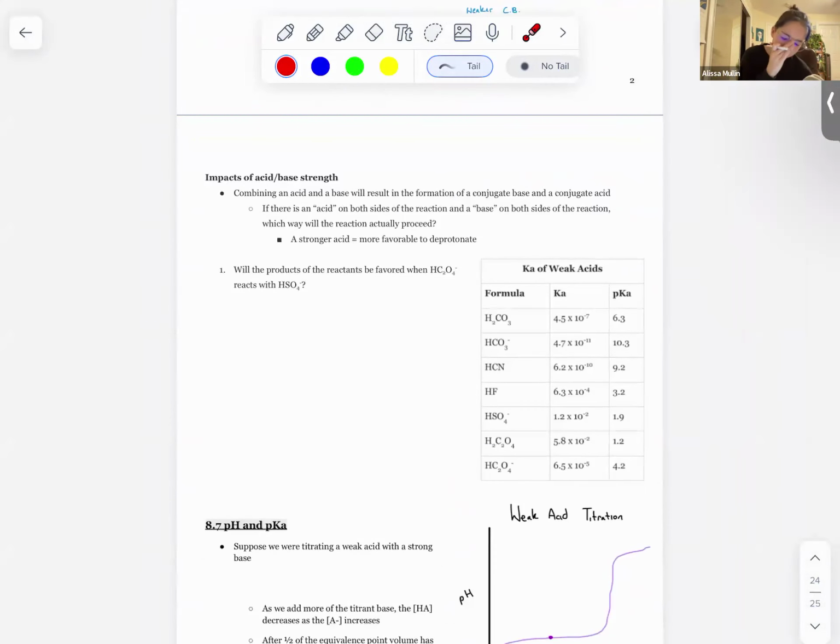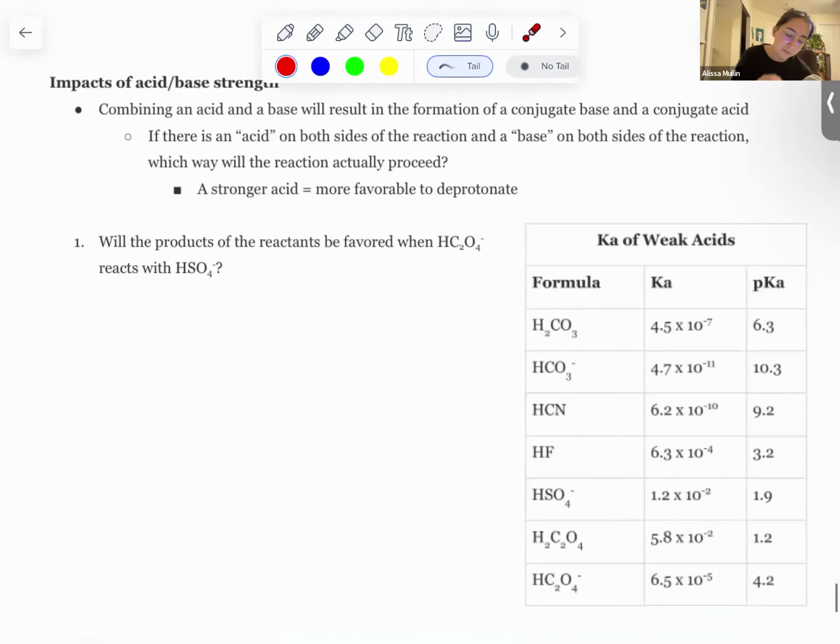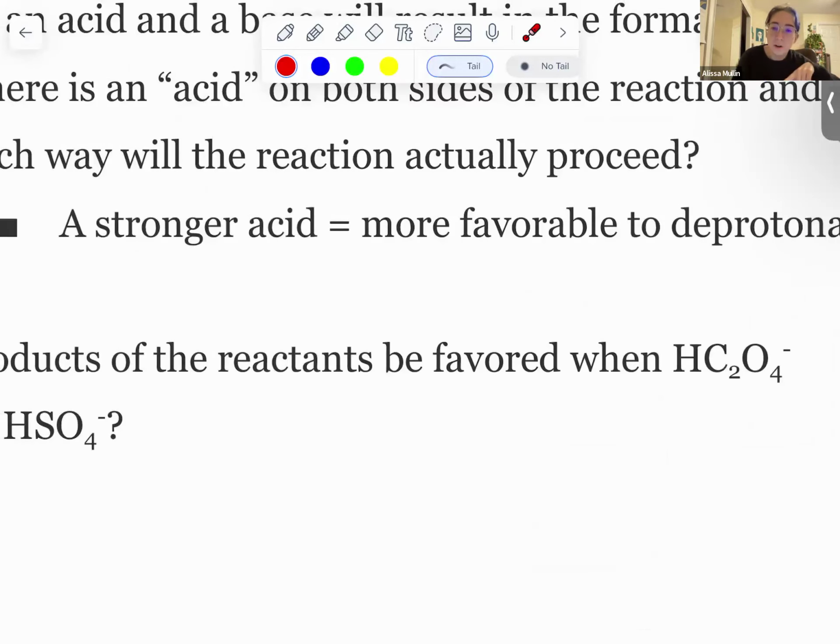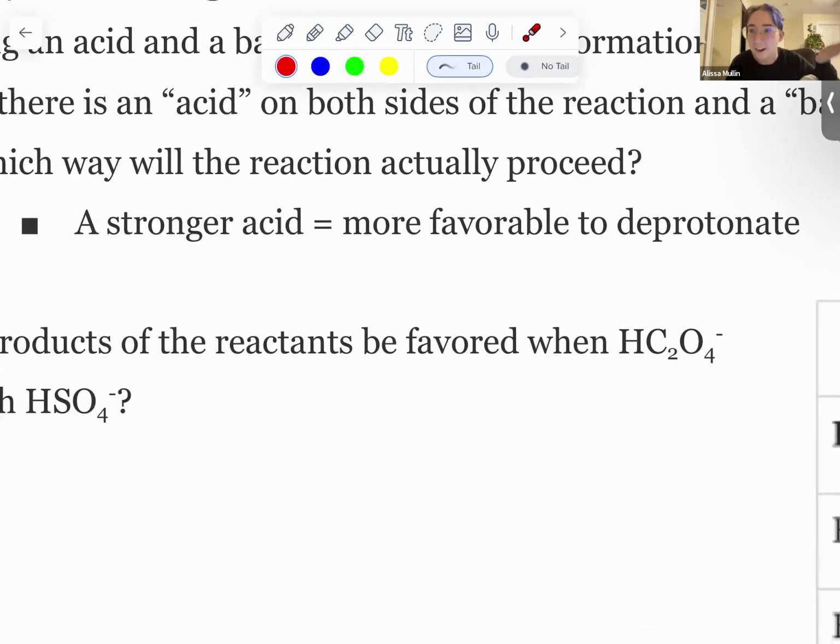Let's look at this. We've talked about this before, but I just wanted to clarify it again, in case it hasn't been clear. We alluded to it when we were doing our titrations, and I have briefly mentioned it in the past, but let's focus on why it matters to be able to tell which acid is stronger. We need to understand what that's going to do to our reaction. As we have talked about, a stronger acid is more likely to act like an acid.